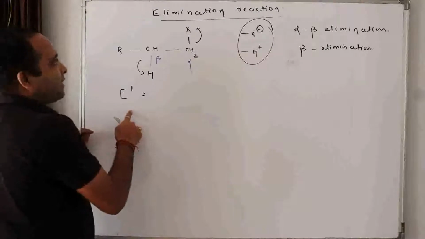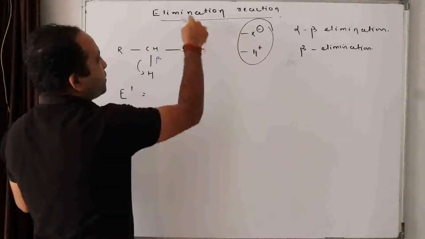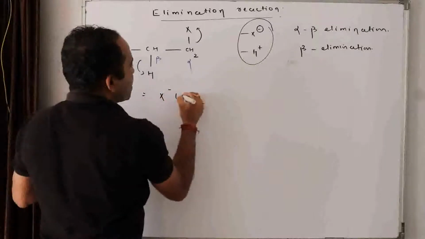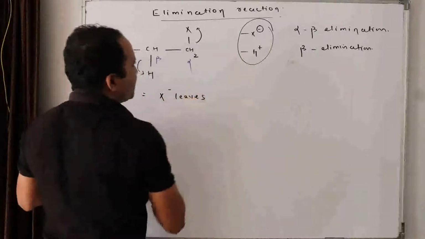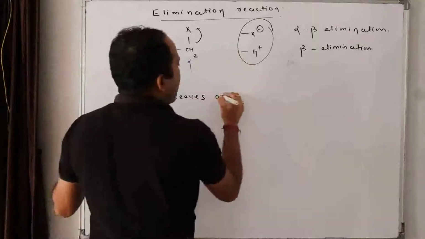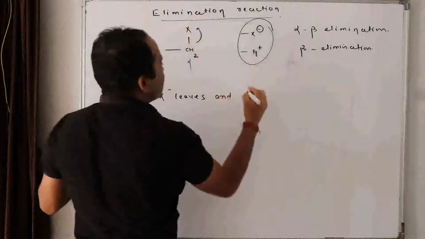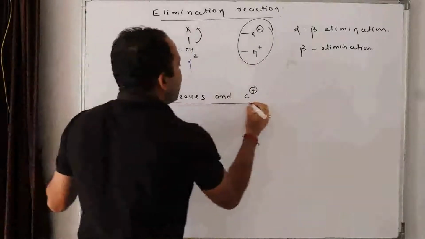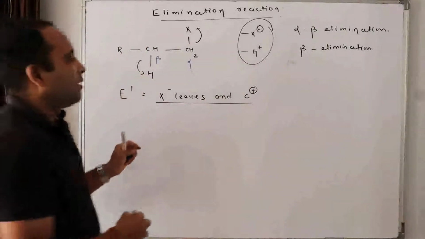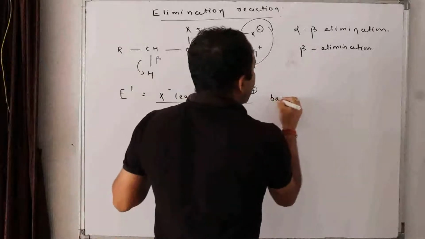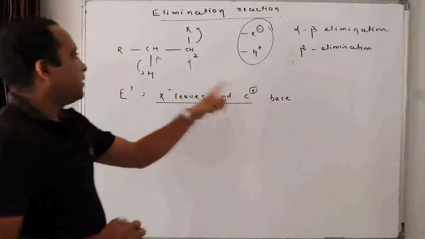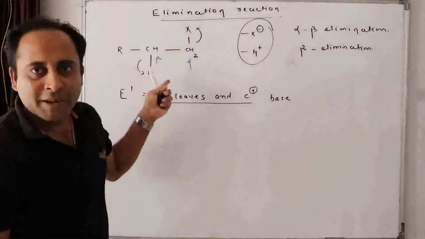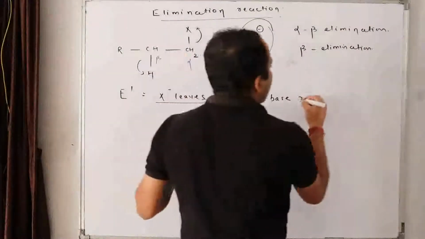In the E1 mechanism, first the leaving group leaves. That means X minus leaves, and when X minus leaves, a carbocation is formed. This is the first step. In the second step, a base removes H plus from the beta carbon. Removing H plus requires a base, isn't it?